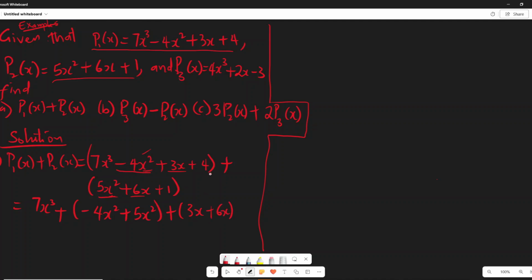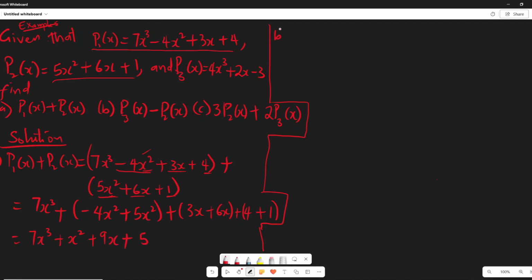And lastly, we have 4 and 1, which are the constants, plus 4 plus 1. So this is going to give me 7x cubed minus 4x squared plus 5x squared, which is 1x squared. I don't need to write the coefficient 1, I'll just write x squared. 3x plus 6x is 9x, and then 4 plus 1 is 5.